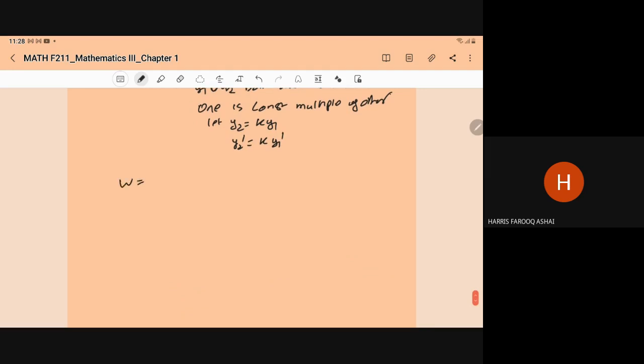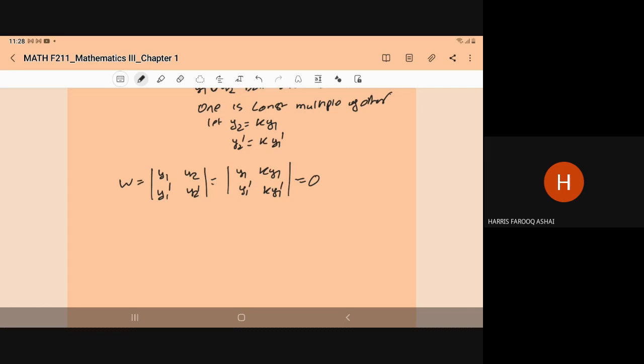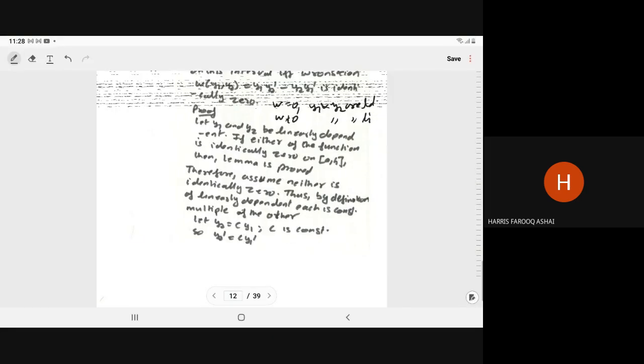Now if you compute the Wronskian, y1, y2, y1 dash, y2 dash, it will become y1, k y1, y1 dash, k y1 dash. And what is this? It is k y1 y1 dash minus k y1 y1 dash, which is 0. So here you have proved that if y1 and y2 are LD, then the Wronskian is equal to 0.